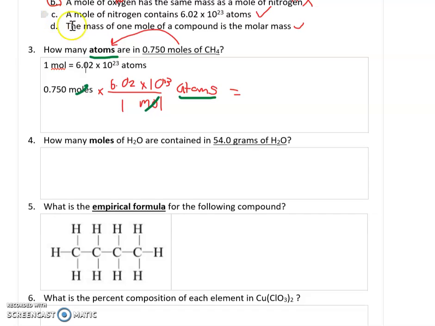So I am ready to do my answer for this. If these numbers are next to each other, which they are, I can just go and do the math and calculate it.